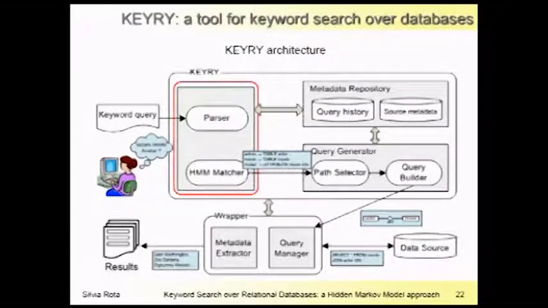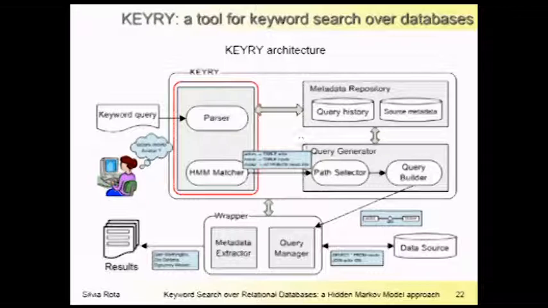This is an overview of the architecture of the tool. On the left, there is a user that poses a query. The query is parsed for cleaning and is analyzed by the hidden Markov model matcher, that finds the match with the terms in the database in a probabilistic way. Then, of course, we have a metadata repository that logs what is going on.